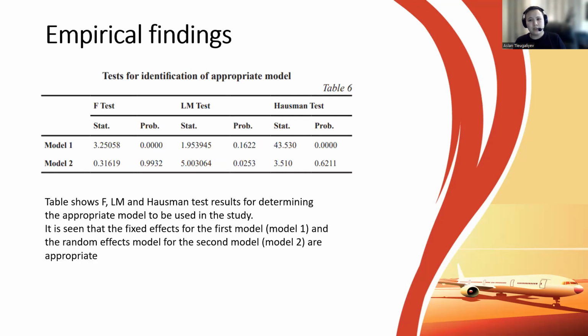Then the author decided to use a Hausman test to see whether he should use a random or fixed effect model. However, I would recommend using FGLS, feasible generalized least squares, or panel-corrected standard errors, since they always account for such issues as heteroscedasticity, multicollinearity, autocorrelation, stationarity, and others.